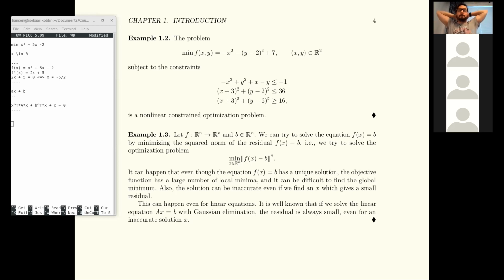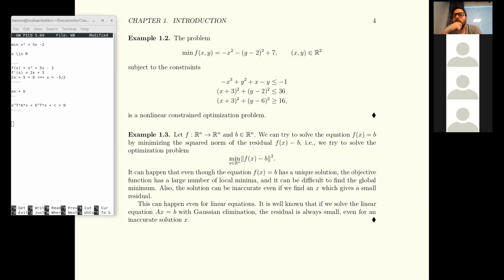One more example. Let's say we have a function that maps real vectors to vectors. So it's not a vector to real number, it's vector to vector. And we have some point in the range of this function, in Rn.